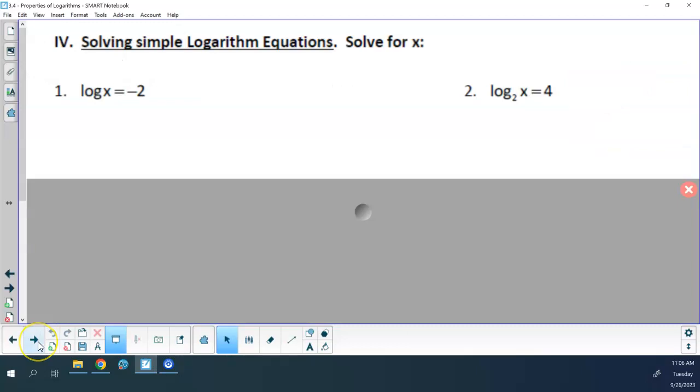All right. So we are going to be solving logarithmic equations today.